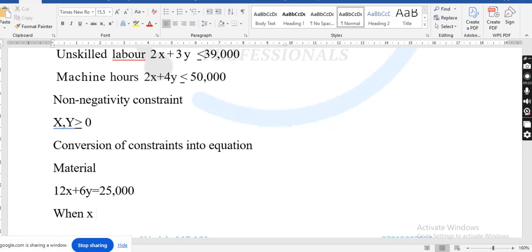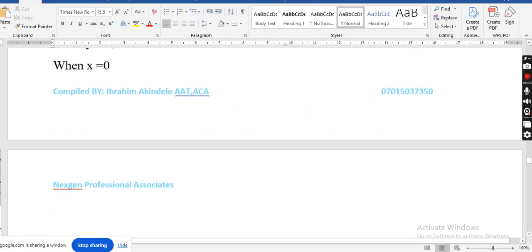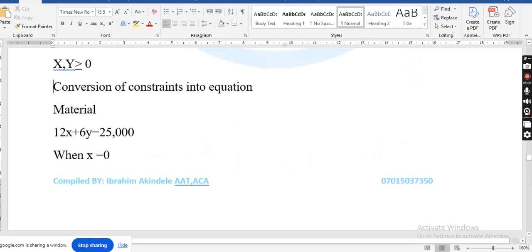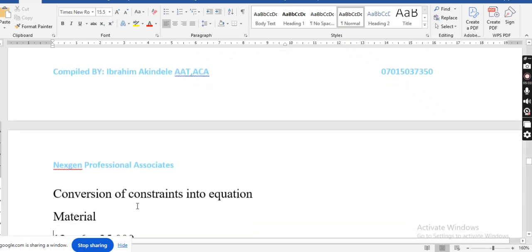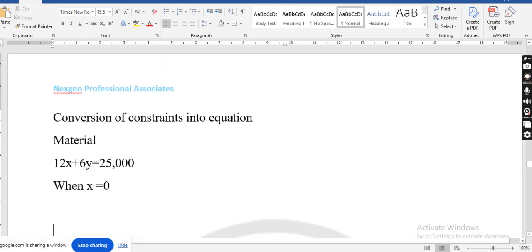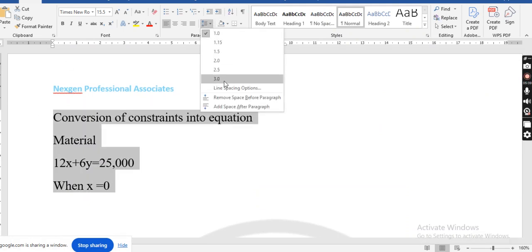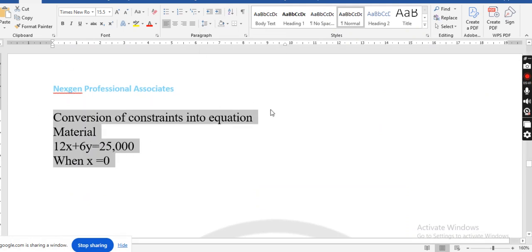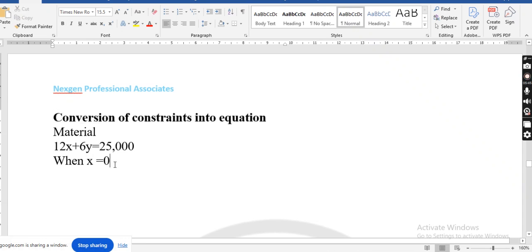Then you can say when x is equal to 0, what is your y?